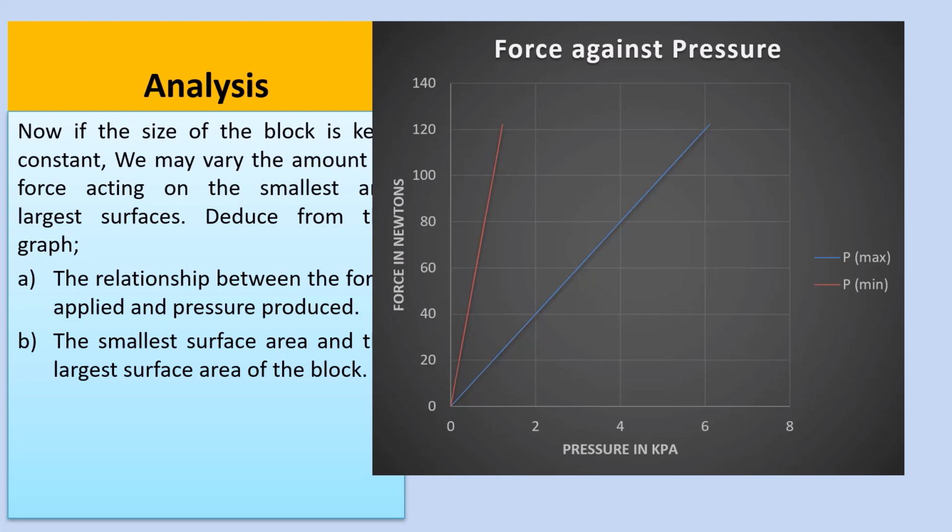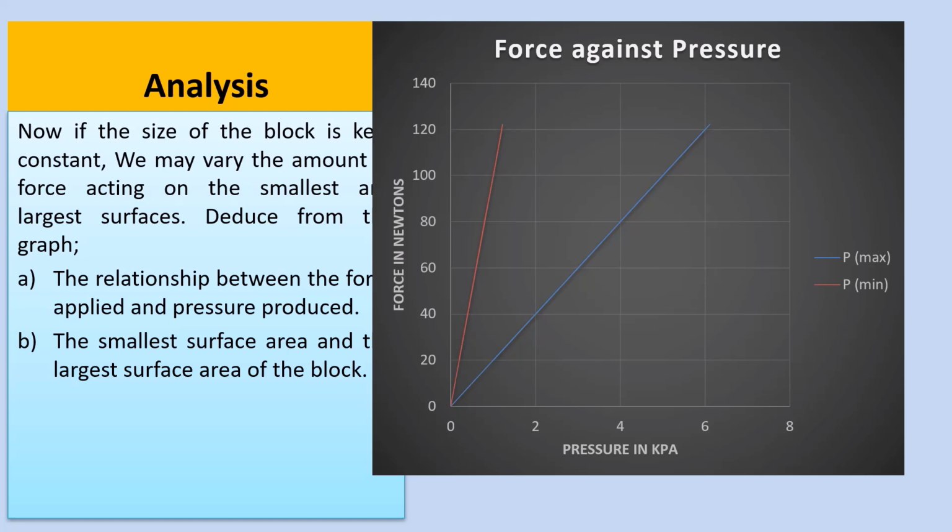And as we said, surface area has an inverse relationship with pressure, so we should be correct if we say that the red line has a larger surface area because it has smaller pressure values. As we had said, even taking the same amounts of force gives smaller pressure in the red line and larger pressure in the blue line.